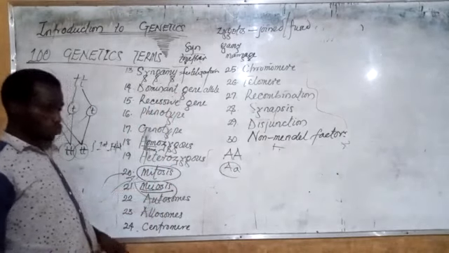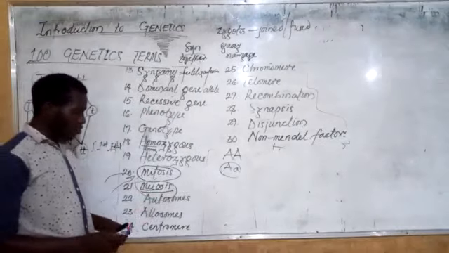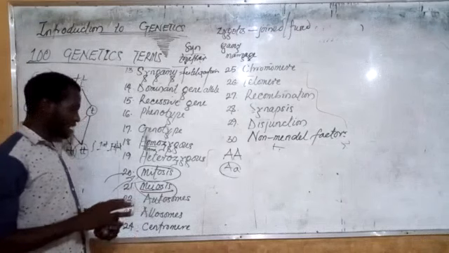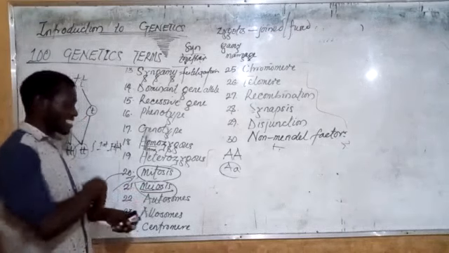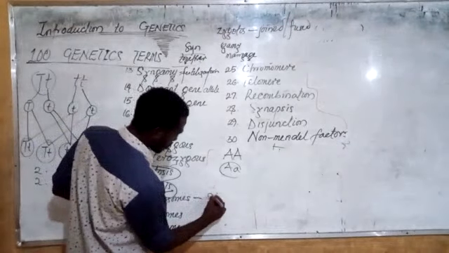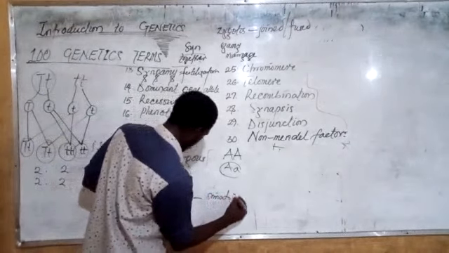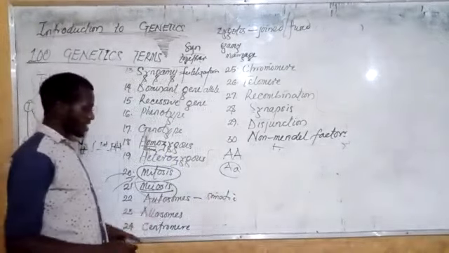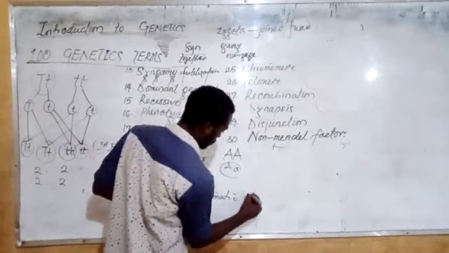Now, I've explained this and this. Now, the next one is autosomes. Autosomes are the chromosomes of the somatic cells of the body.